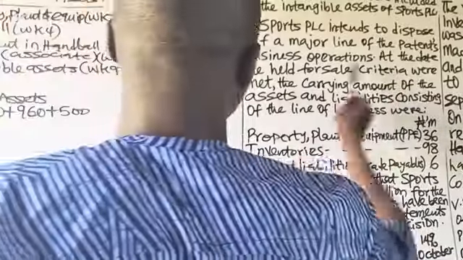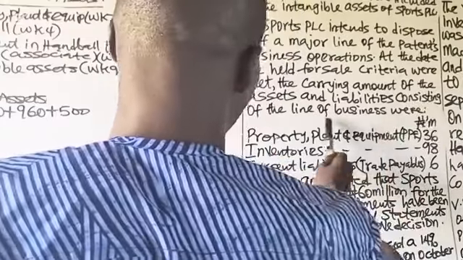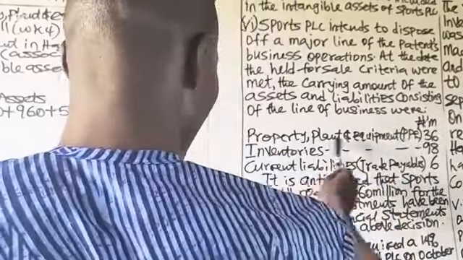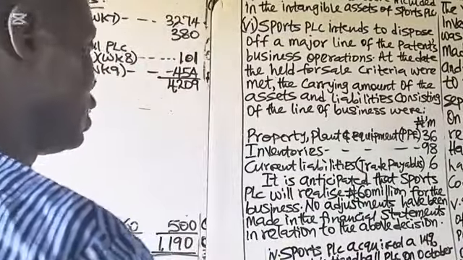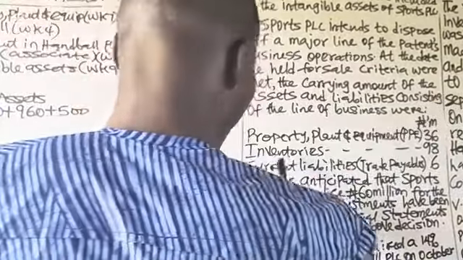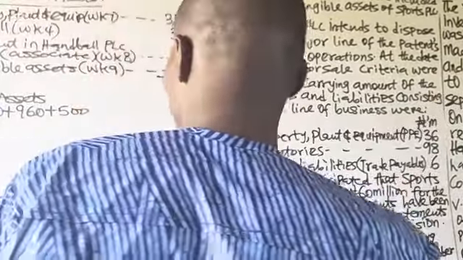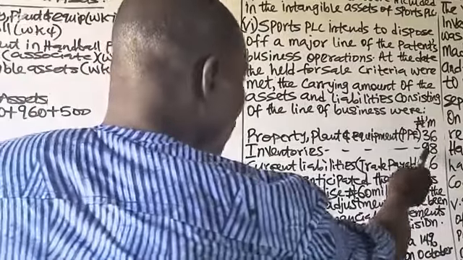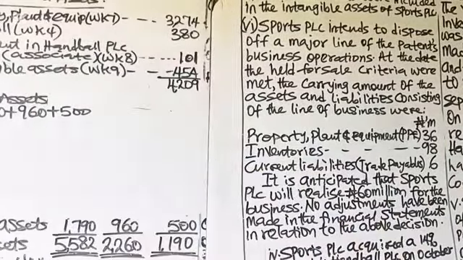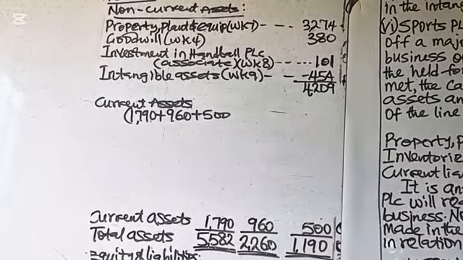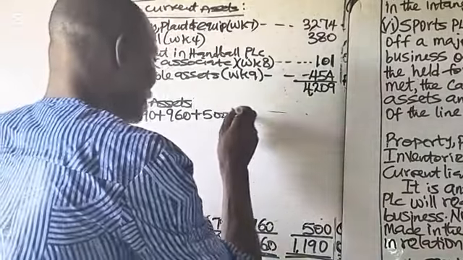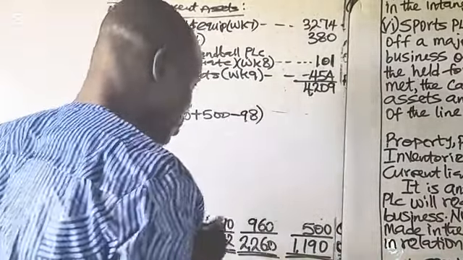The current amount of the assets and liability consisting of the line of the business where you have the property, plant, and equipment which shall be removed from the PPE. Then inventories is part of current assets, 98 million. We have to subtract this amount from our current assets, minus 98 million.